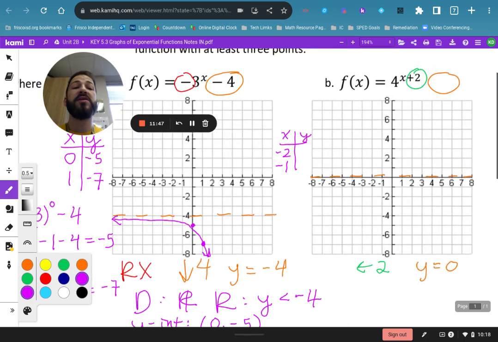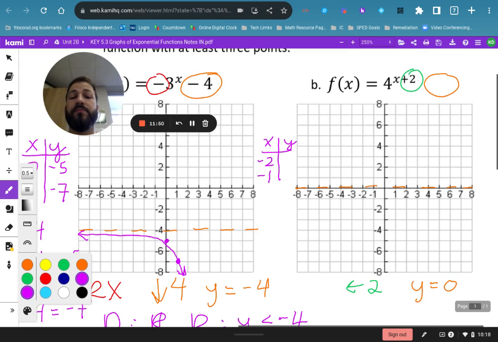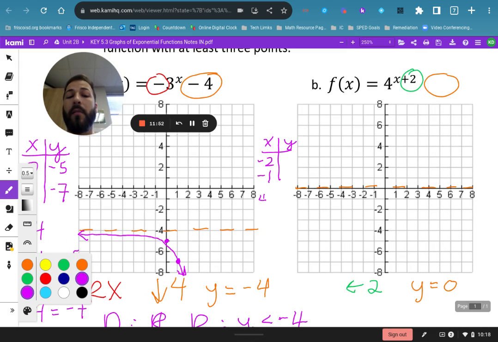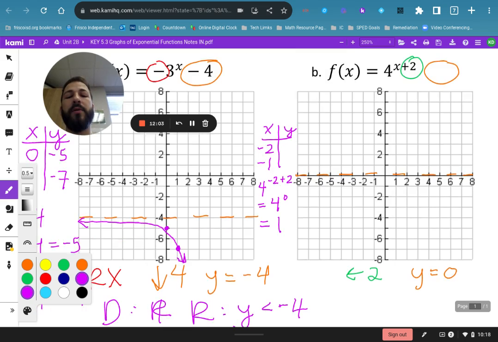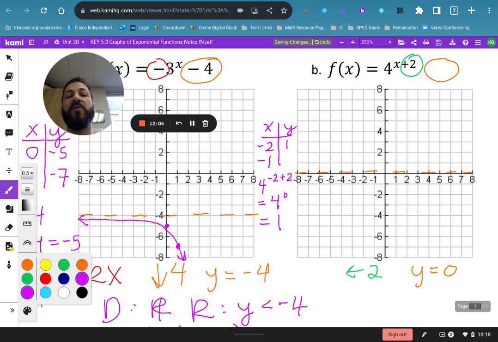So 4 to the -2 plus 2 would be equal to 4 to the 0, which would be equal to 1. So that's our first point.